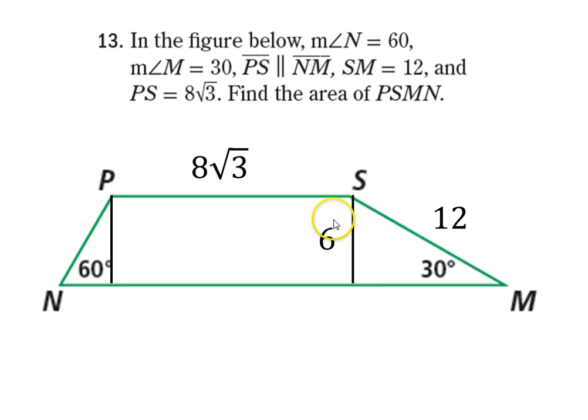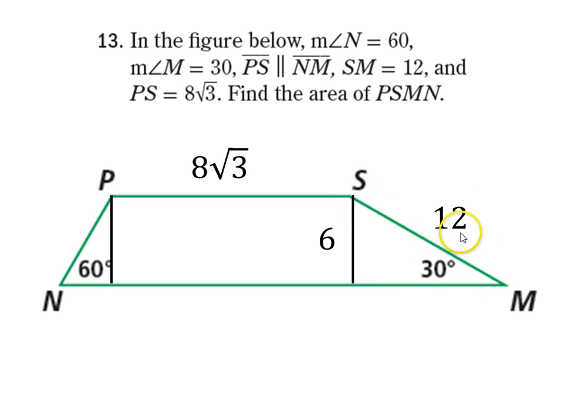Where does this 6 come from? Well, again, this is a 30, 60, 90 triangle right here. And the hypotenuse, which is this side, because it's opposite the right angle, is 2x. It's the relationship of all the sides, where the hypotenuse is 2x, the side opposite the 30-degree angle is x, and the longer leg is x times the square root of 3.